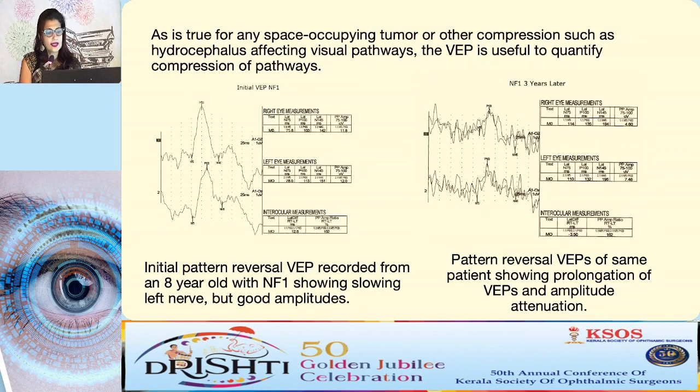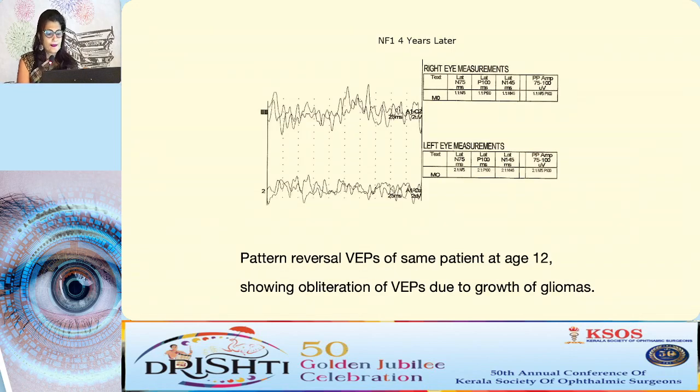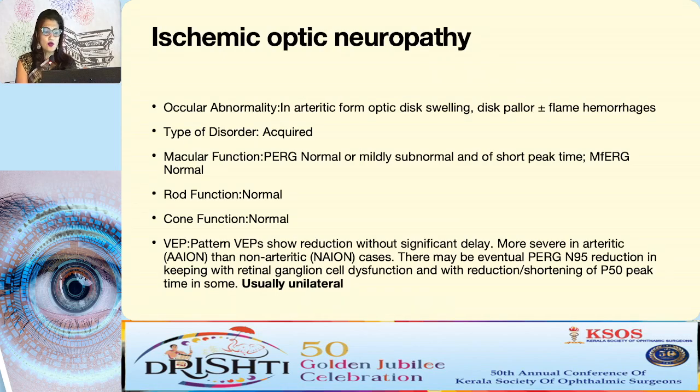In other compressive conditions like hydrocephalus affecting the visual pathways, again VEP is important. In ischemic optic neuropathy, it is mainly used to differentiate ischemic optic neuropathy from demyelinating optic neuropathy.